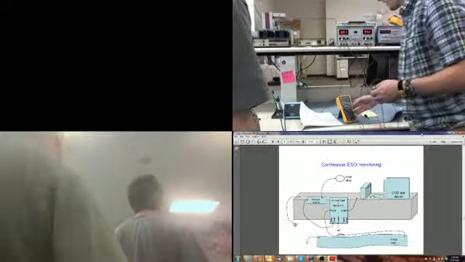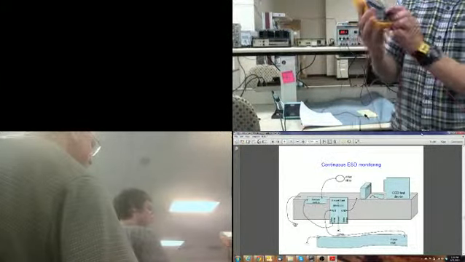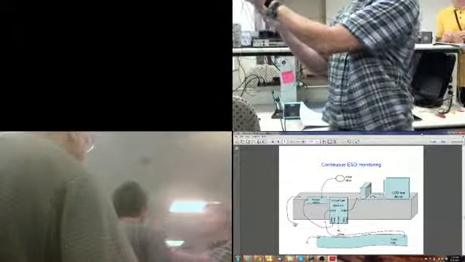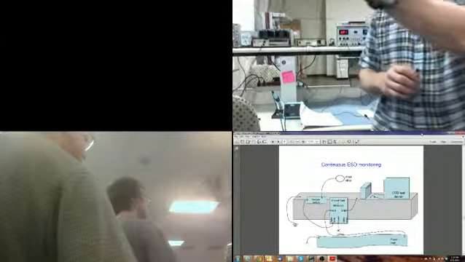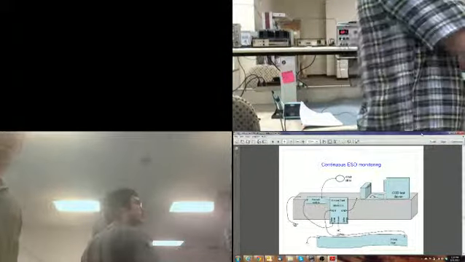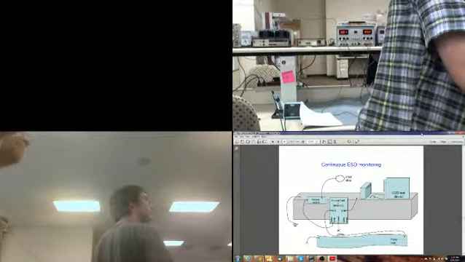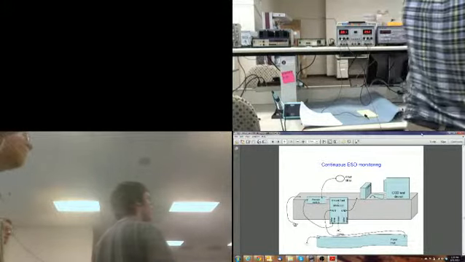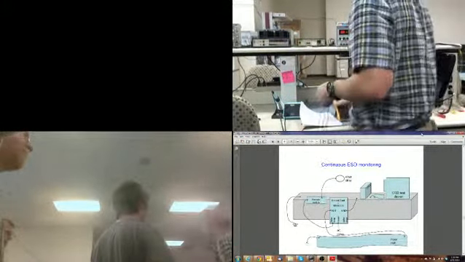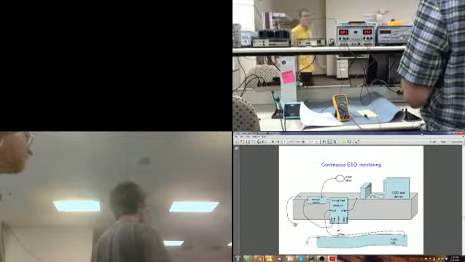Also, it has a diode mode. The diode is the little symbol with the arrow with the slash line through it. That's the diode symbol. You guys know all about it. I'm going to give everyone a diode.